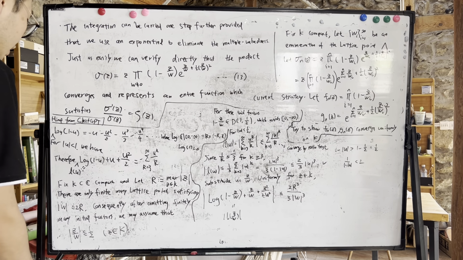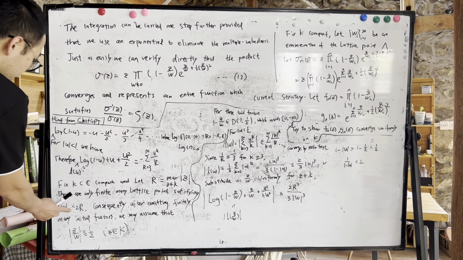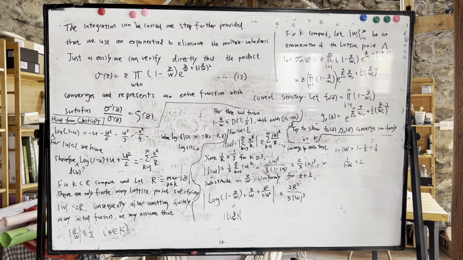And then I think we are free to erase this equal sign, because it doesn't matter. It's just true that there are finitely many lattice points satisfying that the modulus of the lattice point is less than 2 times r. So this is strictly less than.